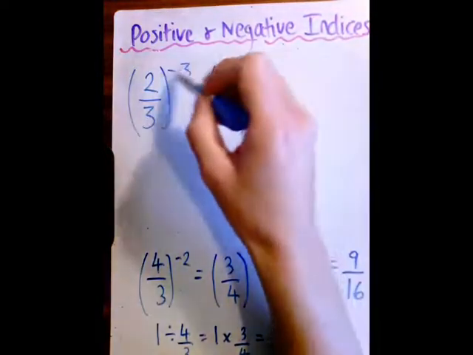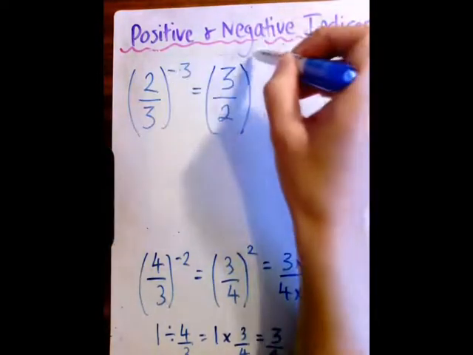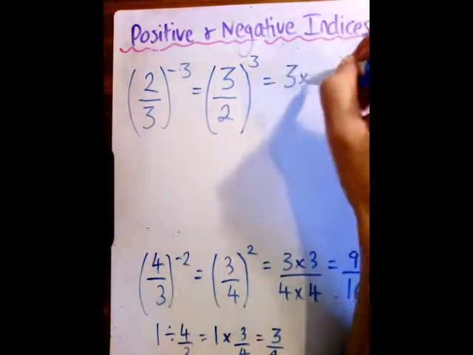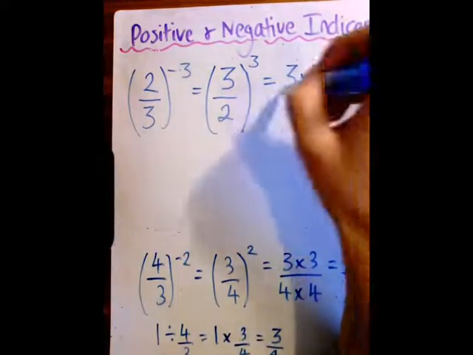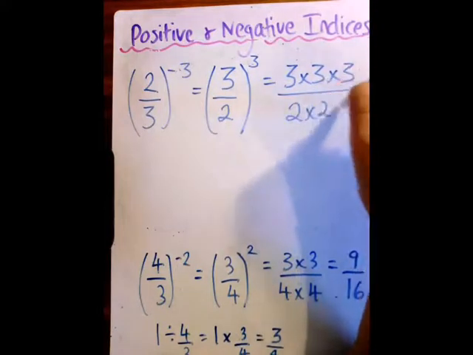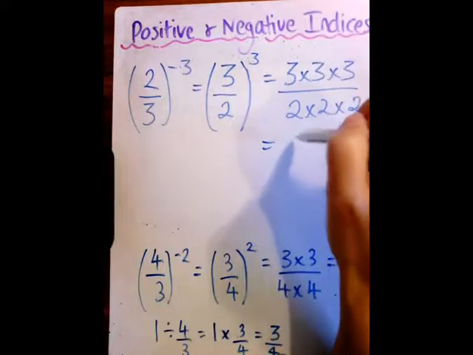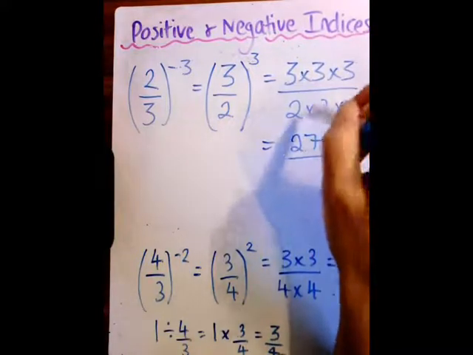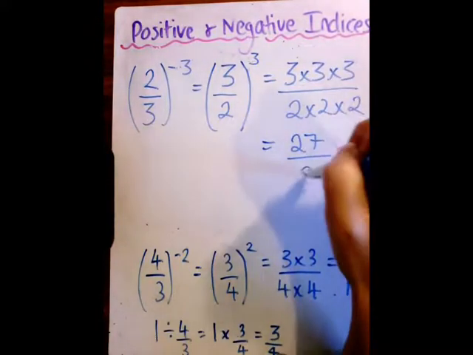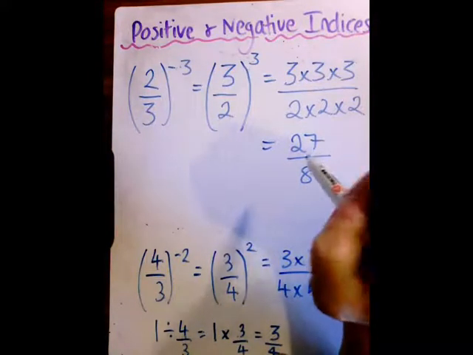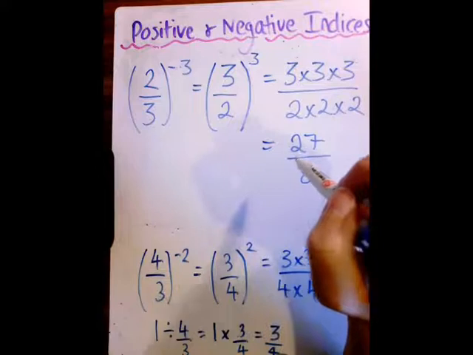And then we think about this because it's -3, this would be to the power of 3. So on the top I'd have 3 cubed, and on the bottom 2 cubed. 3 times 3 is 9, times 3 is 27. 2 times 2 is 4, times 2 is 8. Okay, so that's the kind of quicker way of just doing that.